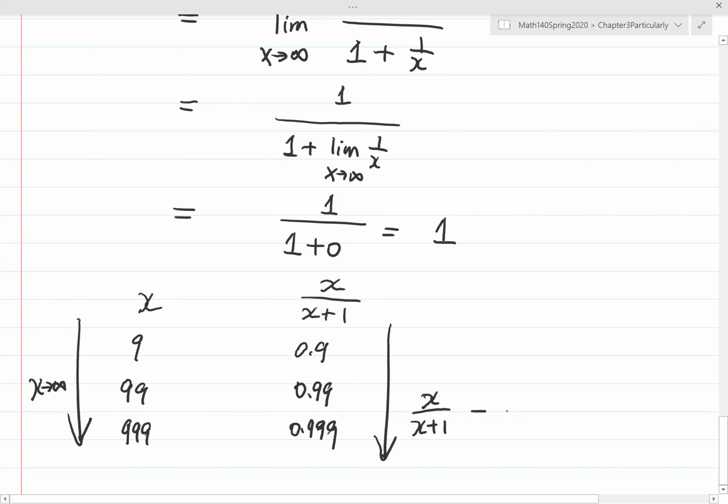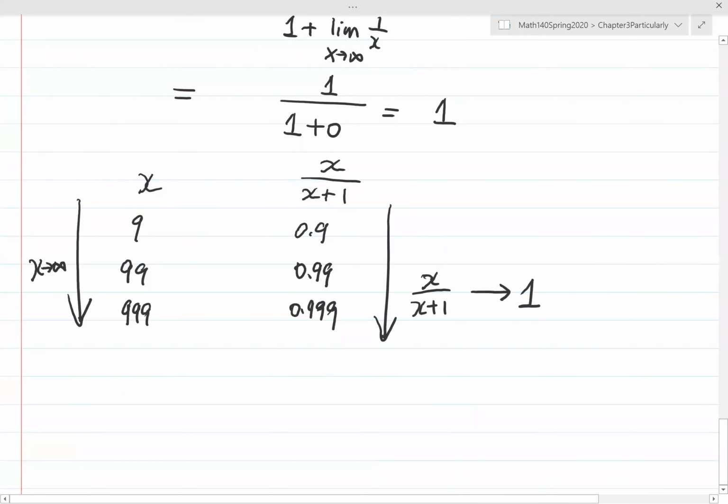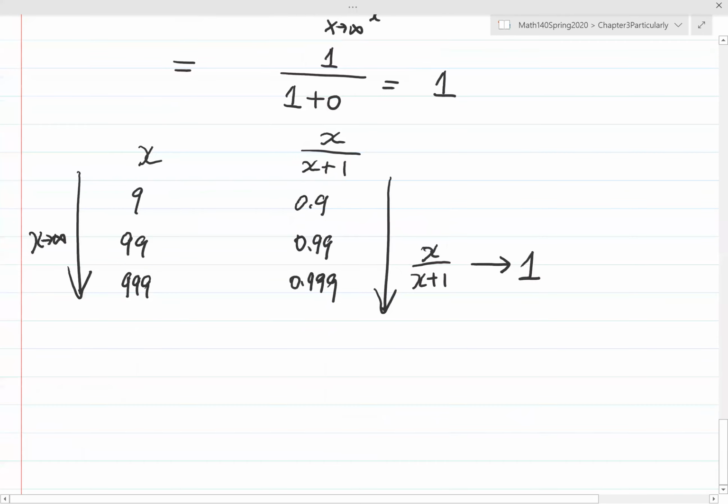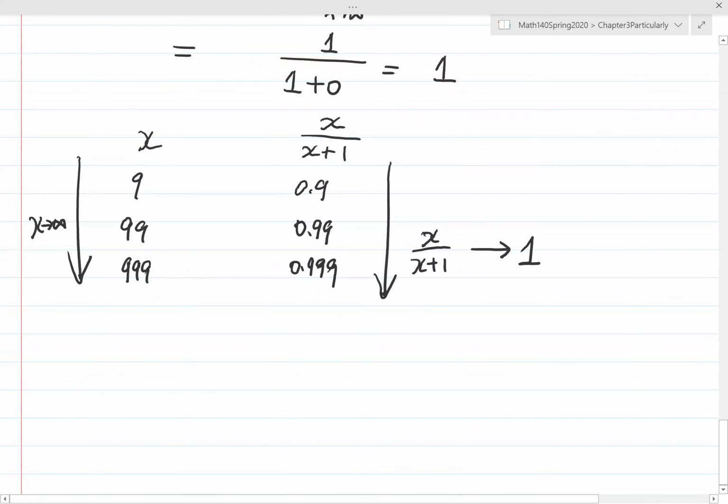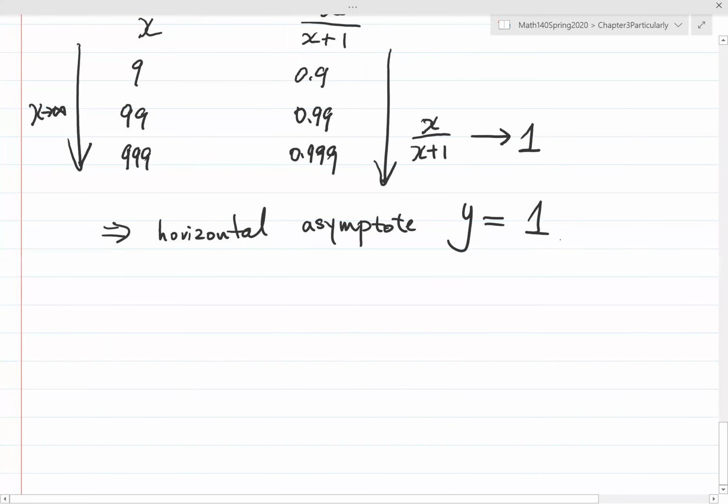So in this case, we have a horizontal asymptote, y equals 1. Okay, more examples.